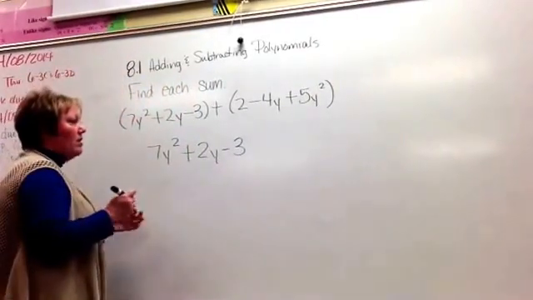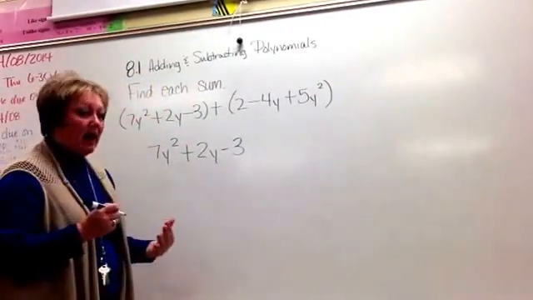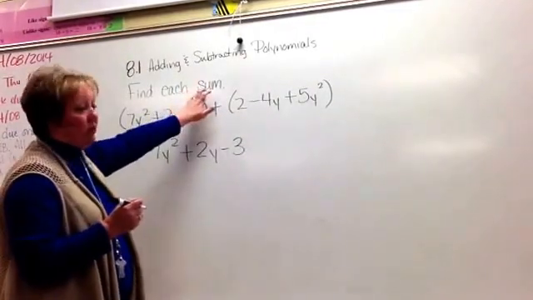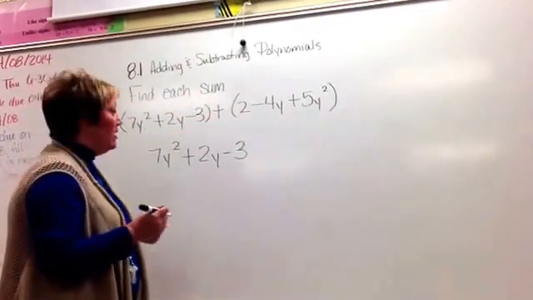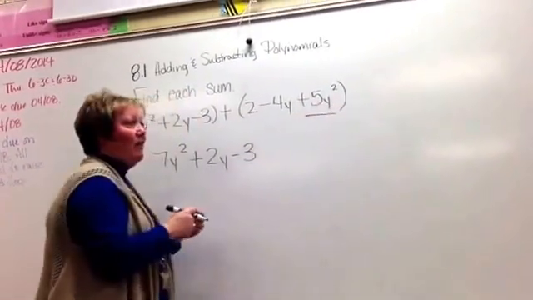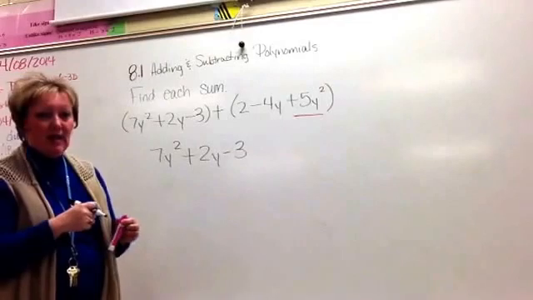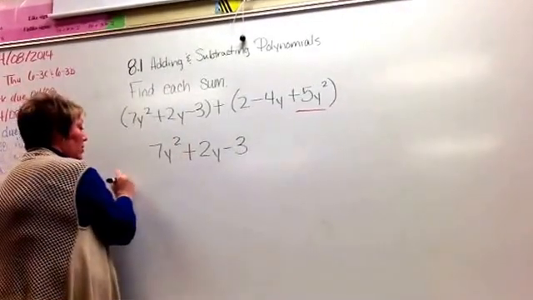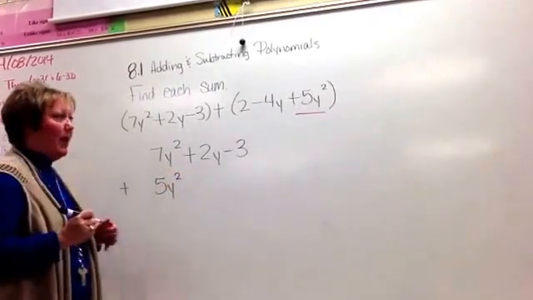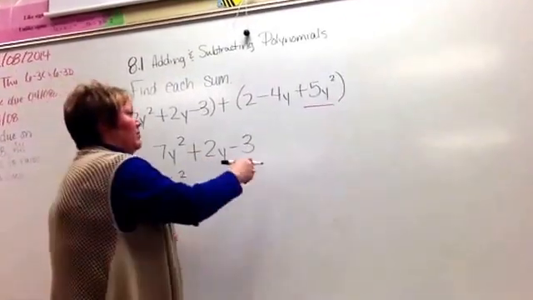Okay, now I want to take and I want to line up the like terms. Since this is plus or adding or the sum, it's going to be real easy to do. Over here, I have a 5y to the 2nd power. So I'm going to simply line this up, 5y to the 2nd power. Now I'm done with that term.